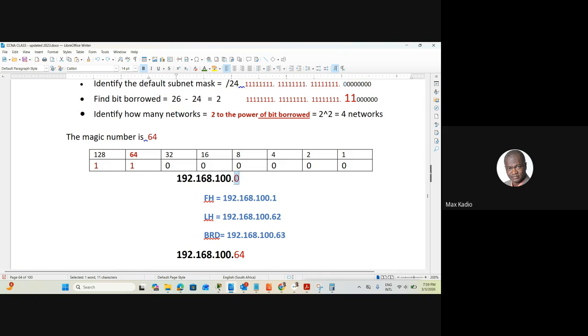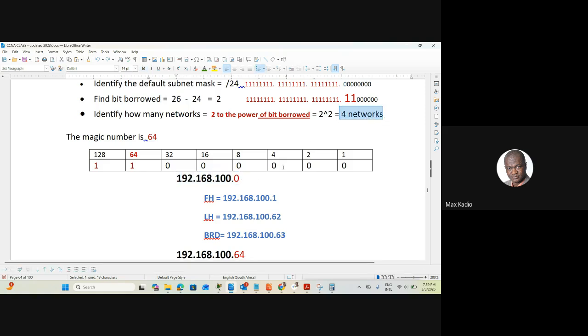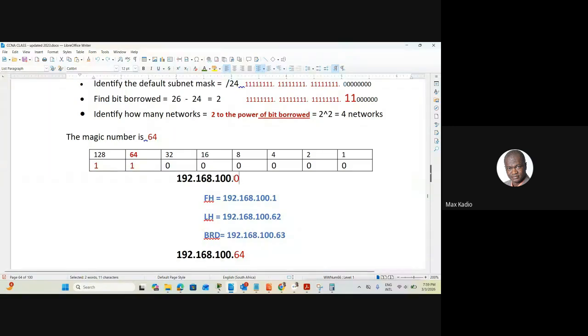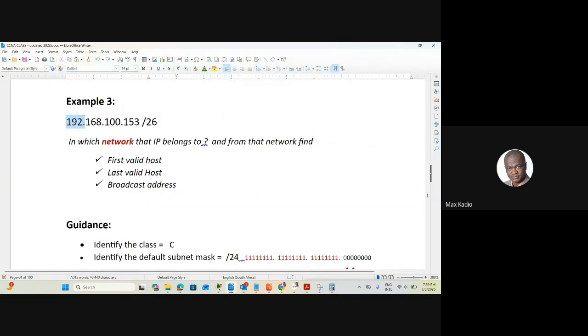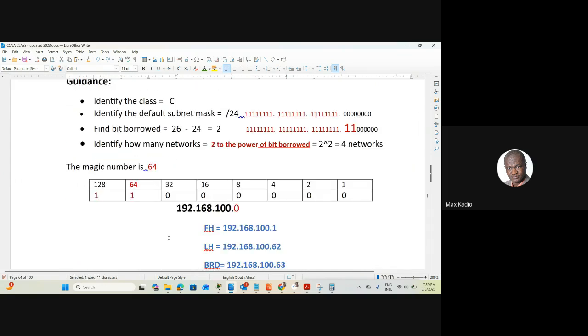The last one always starts with 0, the first network. So this is the very first network. We say I have 4 networks. I need to find them. The very first network always starts with 0. So when the question comes, you take the first 3 blocks, you keep them, and the very first one ends with 0.